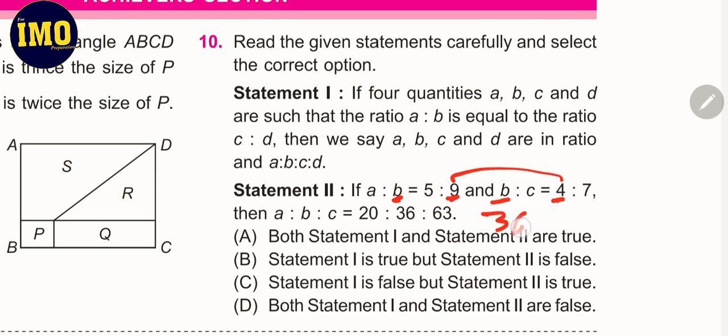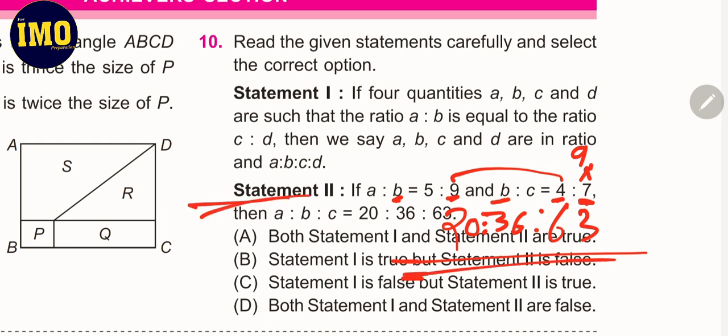B must be 36. To convert 9 to 36 we multiply by 4, so 5 must be multiplied by 4, giving 20. And 7 is multiplied by 9, so you get 63. So A to B to C is 20 to 36 to 63.